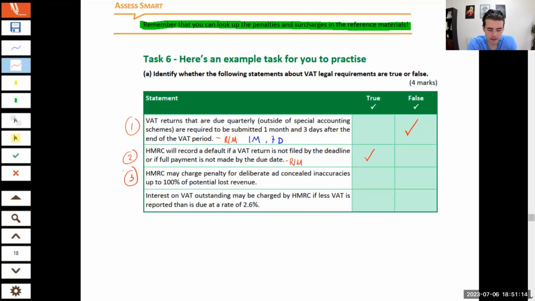HMRC may charge a penalty for deliberate and concealed inaccuracies up to 100% of potential lost revenue. If you're trying to remember what the surcharges are, you'll never guess where you can find them.